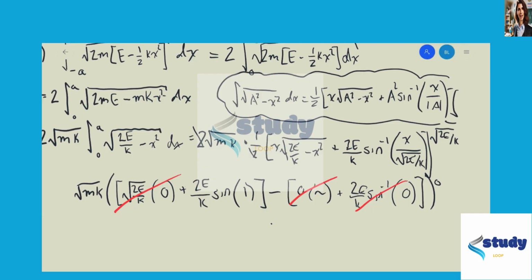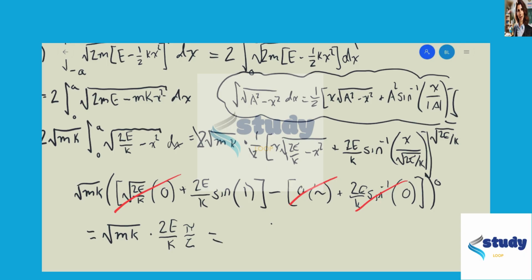So this is also going to go away. And we are left with square root of mk times 2e over k times the inverse sine of 1, which is what angle do we plug in to obtain 1, and that is in radians, pi over 2.